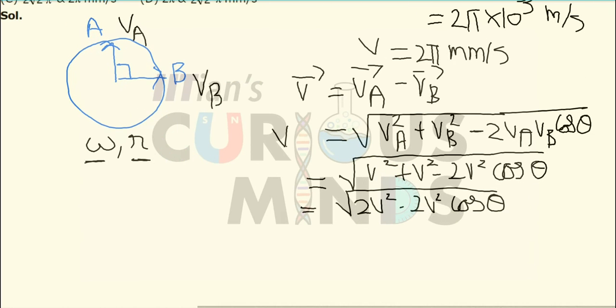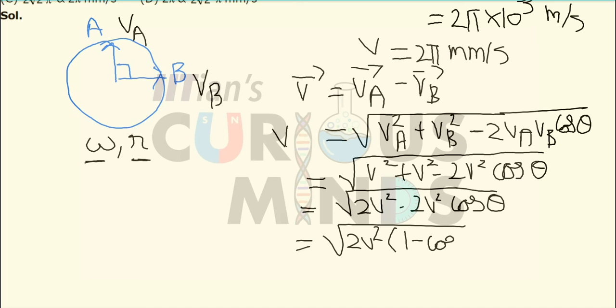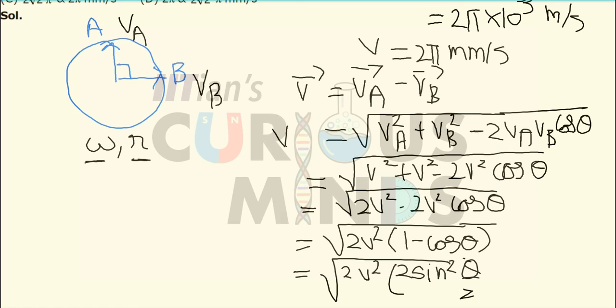So over here root of 2V square into 1 minus cos theta. 1 minus cos theta will be equal to 2 sin square theta by 2.